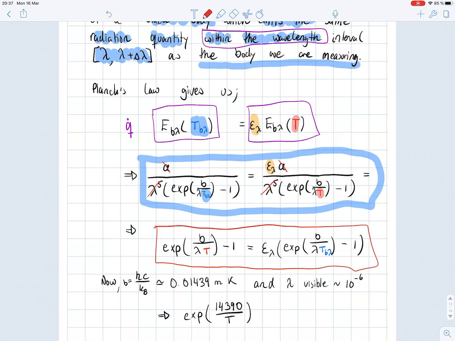Now we'll introduce a few numbers. This constant that we have called b is Planck's constant multiplied with the speed of light divided by Boltzmann's constant. And it takes the numerical value of 0.01439 meters Kelvin.